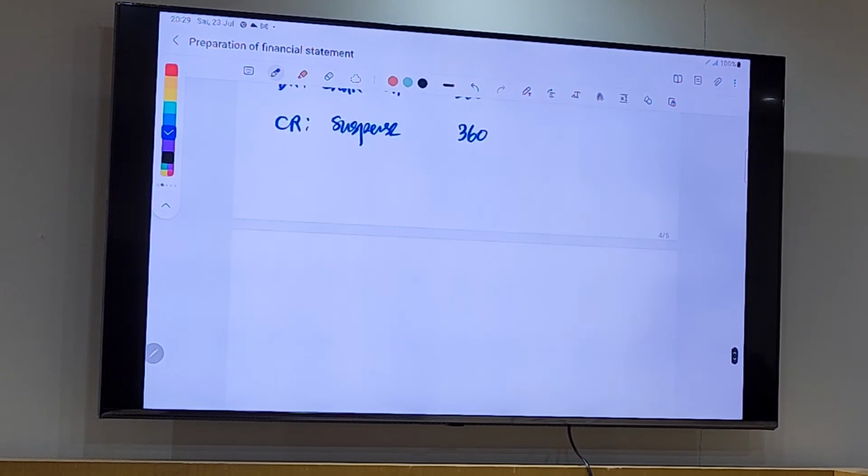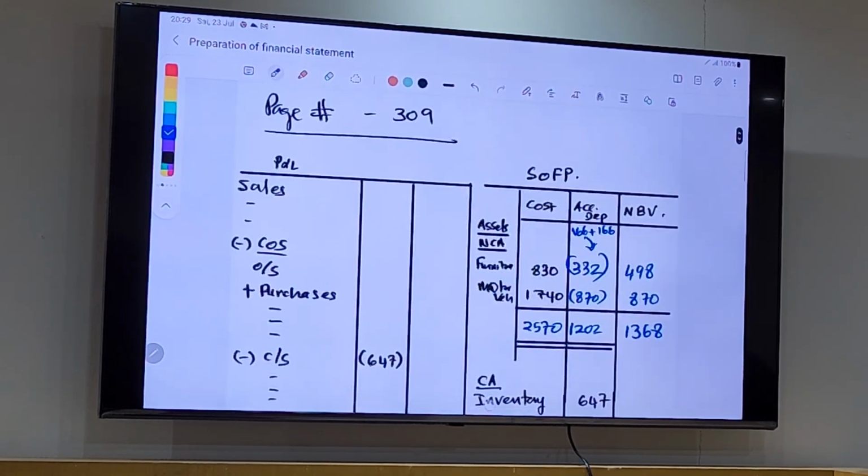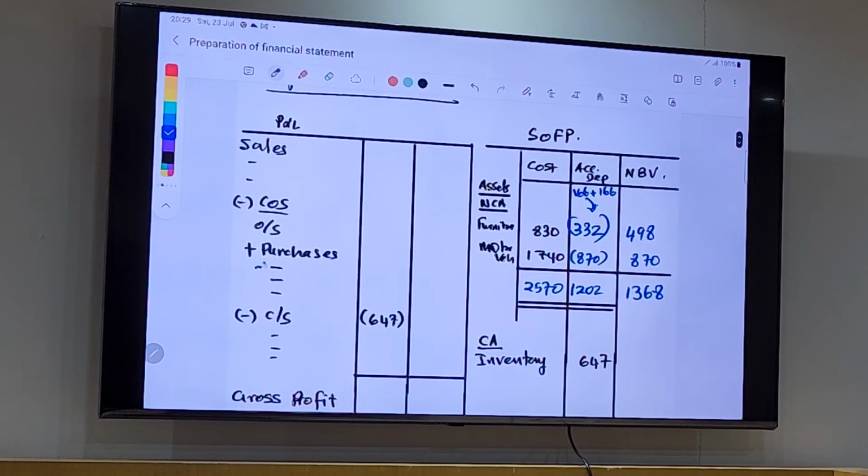Entry number 6. So I should debit drawings 63 and then credit purchases. So what I can do now, I can go here, minus drawings 63.